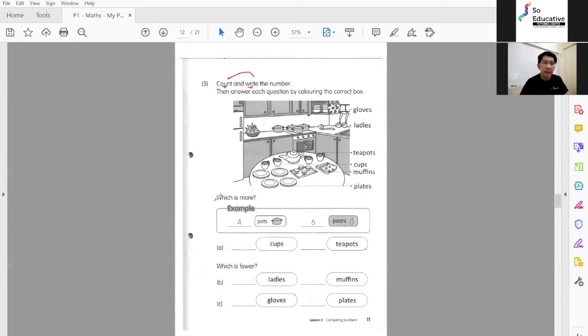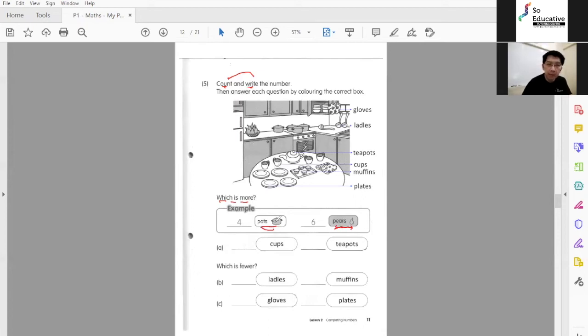Okay, now let's take a look at this example. Which is more? Okay, so I give you the options pots and pears. All right, pots and pears. So first of all, we need to count how many pots are there.